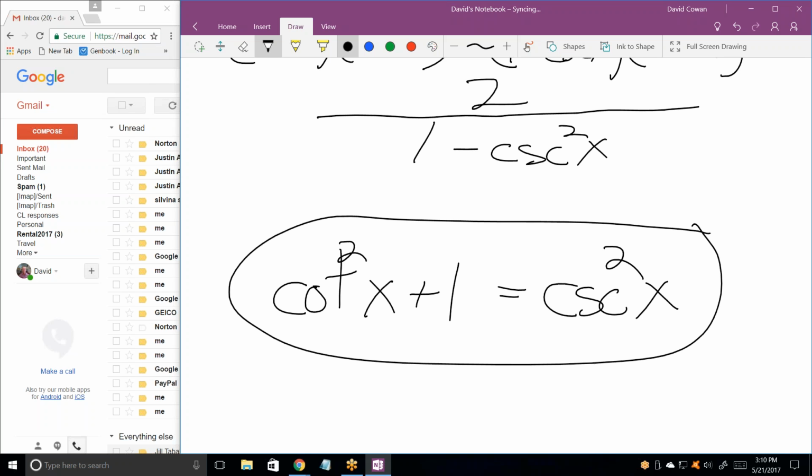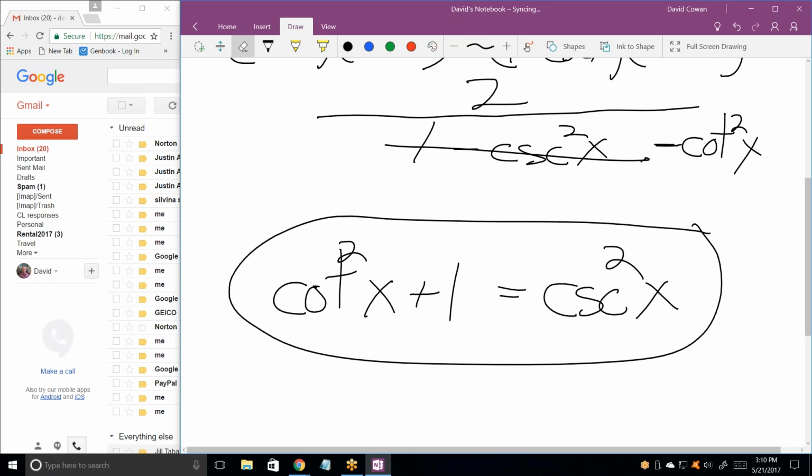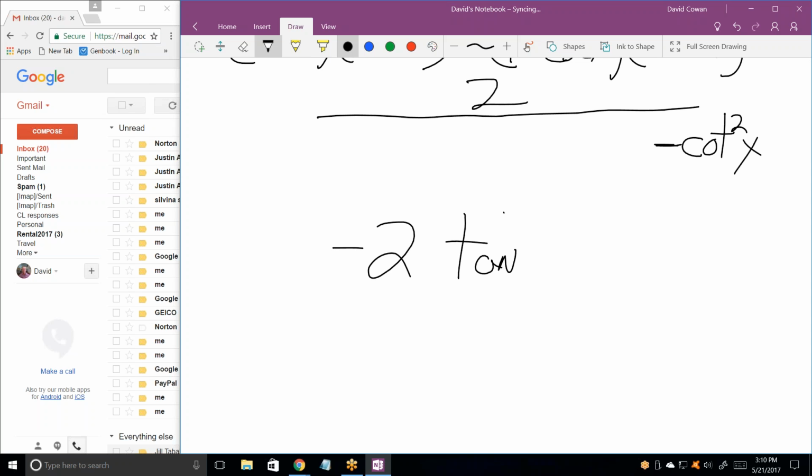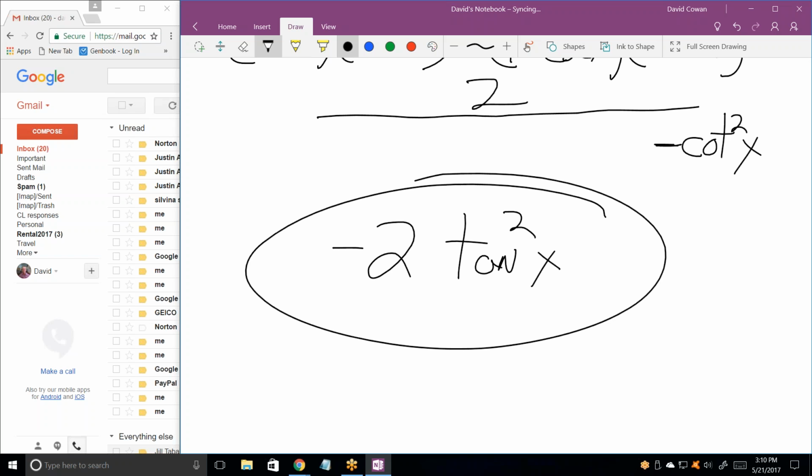Solve that for 1 minus cosecant squared. It becomes negative cotangent squared of x. So I can cross that out and put negative cotangent squared of x, and then simplify that one more step so we don't have stuff in a denominator. It becomes negative 2 tangent squared. Okay. See how I get there? Yeah.